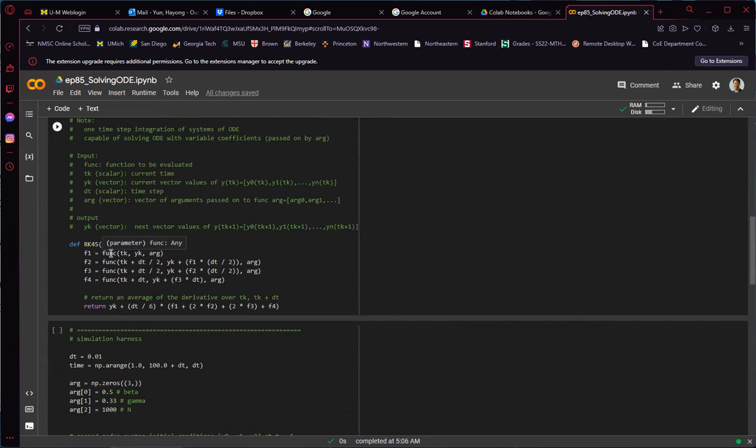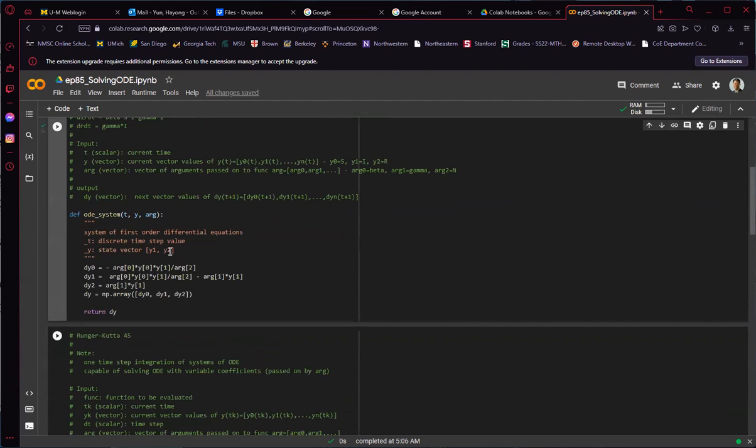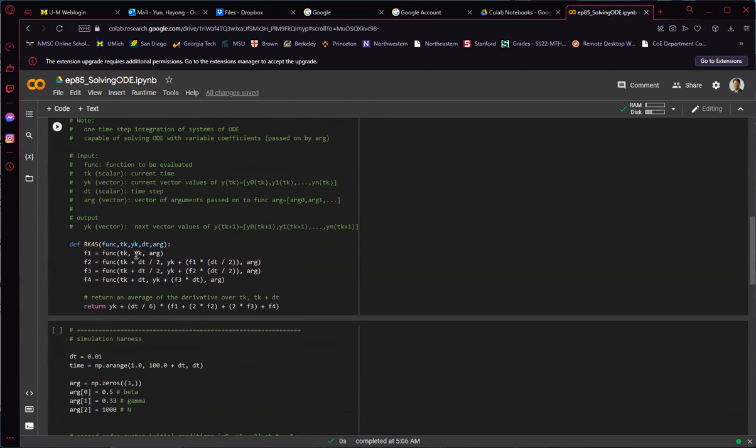So here the function is passed, and the function requires, in our case, T and Y and the arguments. So T and Y and arguments at TK, and then half step plus, and the function evaluated here. That would be our K1, and then K2, K3, and K4 here.